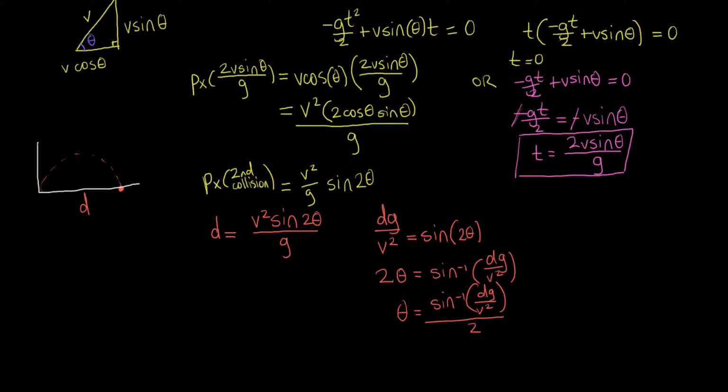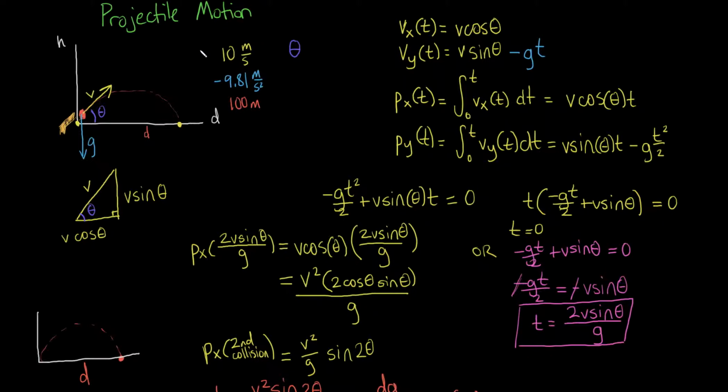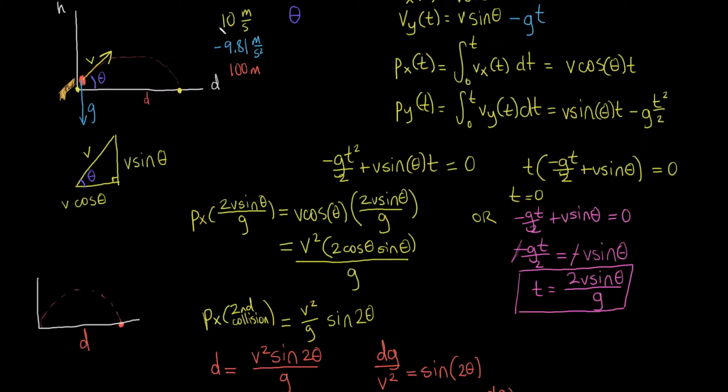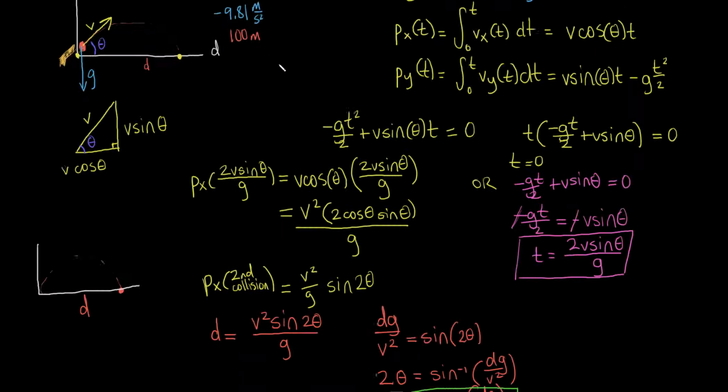This is the angle up that you have to fire at if you want your projectile to hit where it's meant to hit, at distance away, given the gravity, given how fast your projectile is coming out. If we were to apply this to our original problem, let's look at our variables. We had v equals 10, the distance is 100, and the gravity is negative 9.8.